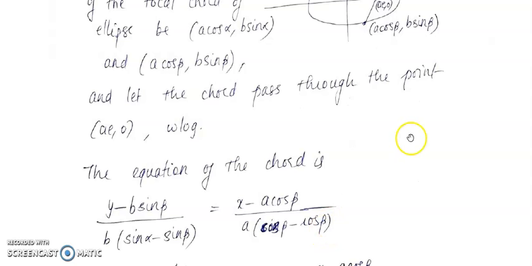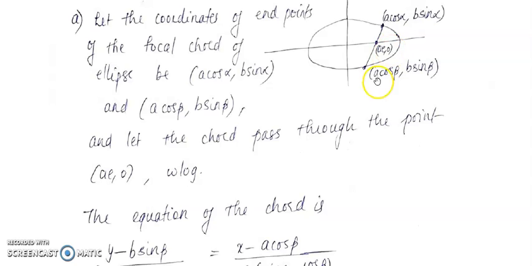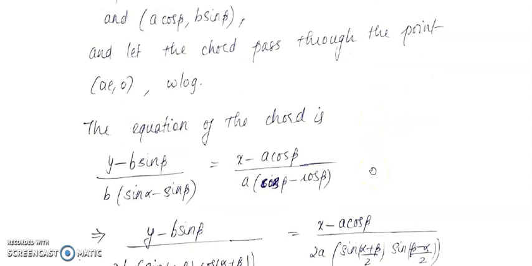Now this is the equation of the chord. This chord will pass through the point (ae, 0), so let us substitute that point in this equation.